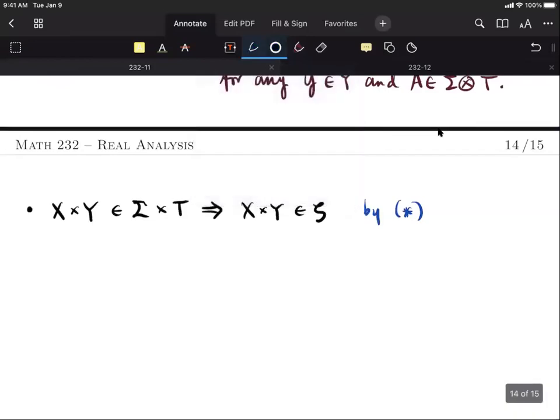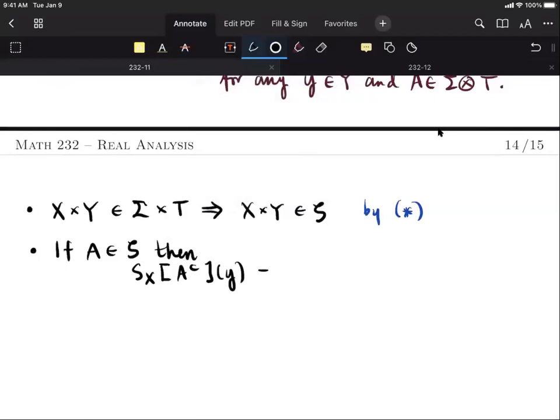Next, we establish closure under complementation. If A is in S, you can look at the section of the complement at the point y, where y is in capital Y. You can prove this easily by double set inclusion: this is the complement of the section of A at y.